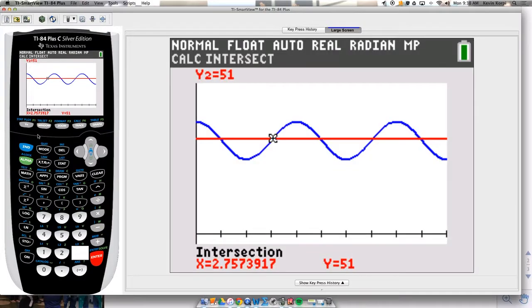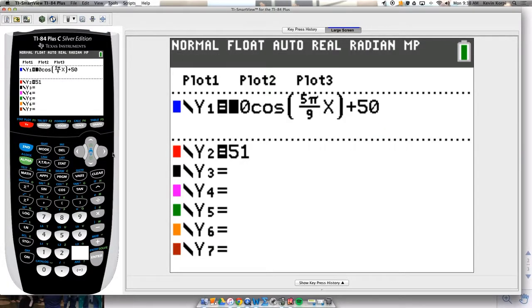Now, if you're not sure if it's right, you could come up here and watch this. You can actually modify it. 5 pi 9ths, click parentheses, and you can hit plus 2.757. I did miss it. Close, close, plus 50.